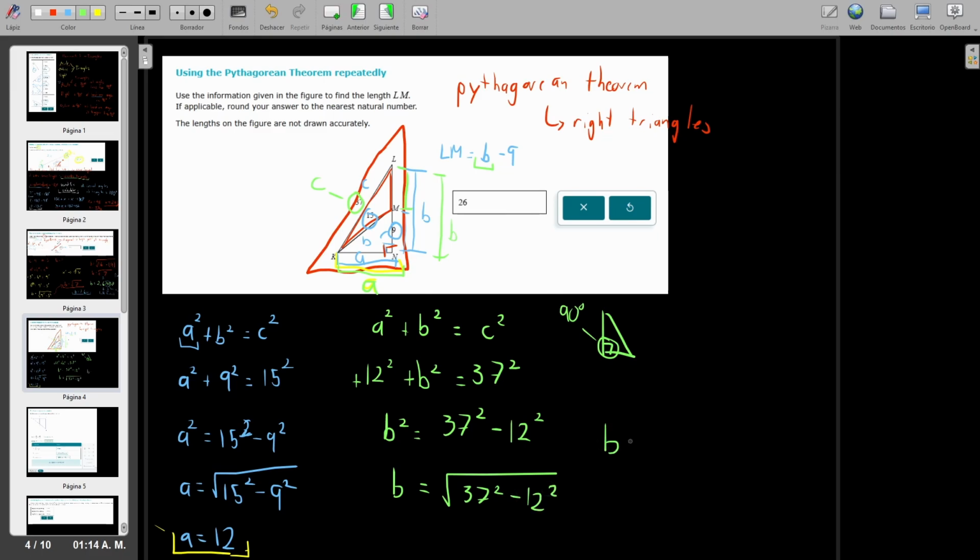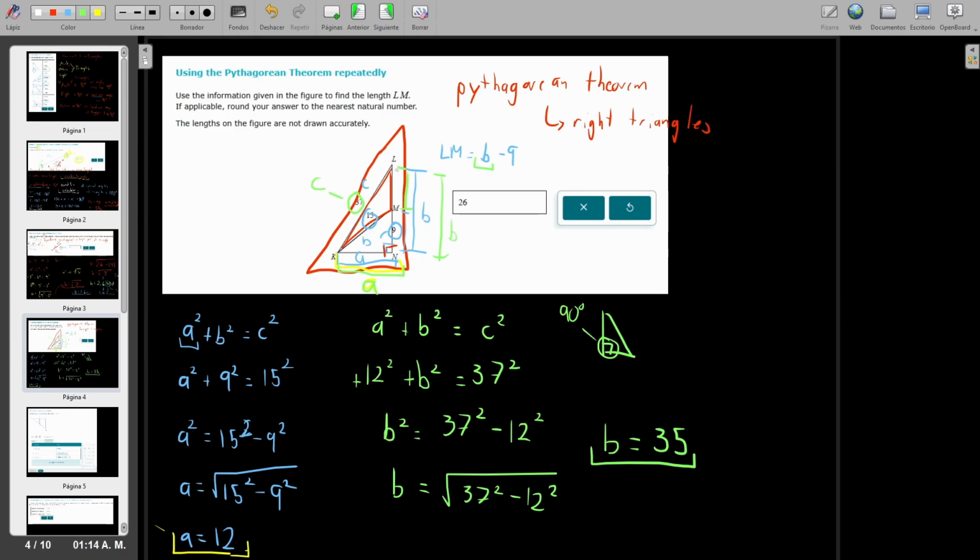So in this case, B is going to be the result of this part, the square root of 37 squared minus 12 squared. If we put this value in the calculator and we solve it, the value is going to be 35. B is 35. This whole B, the green B, is going to be 35.